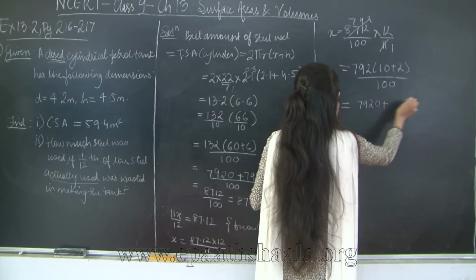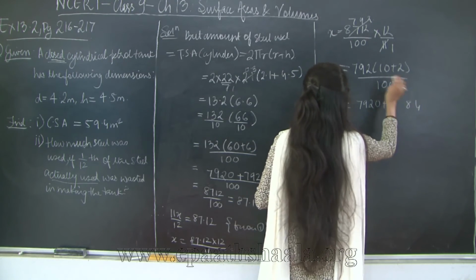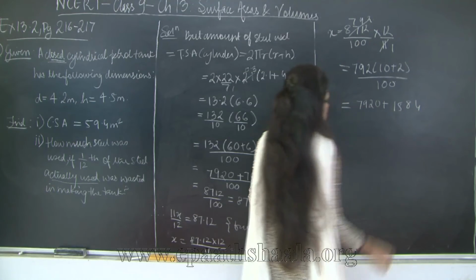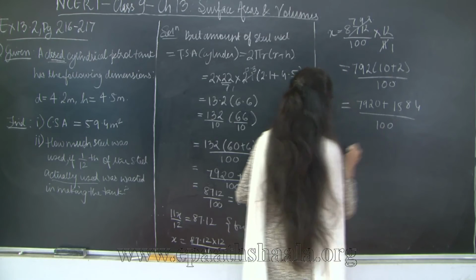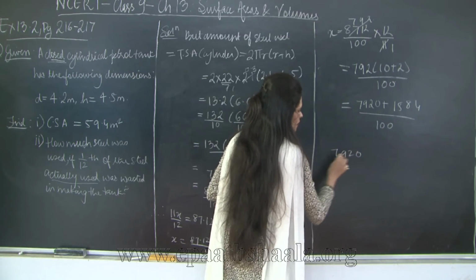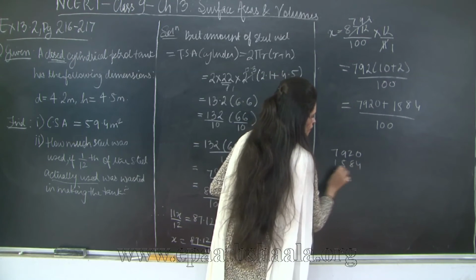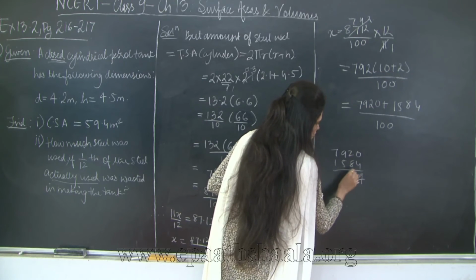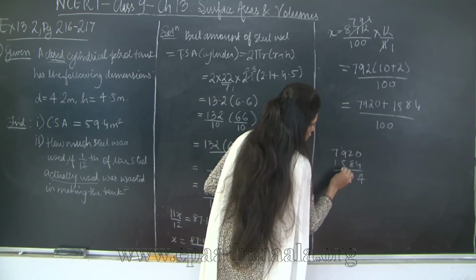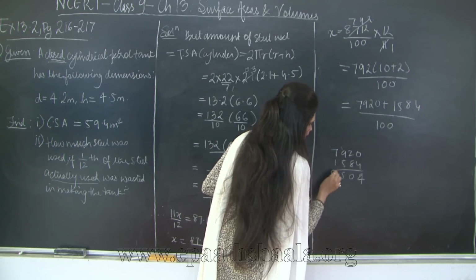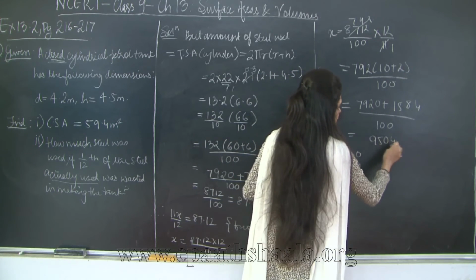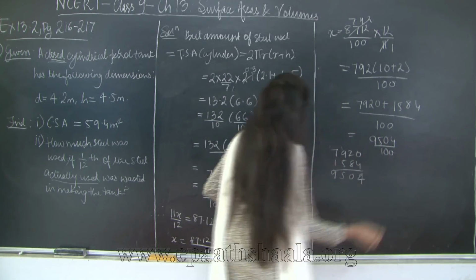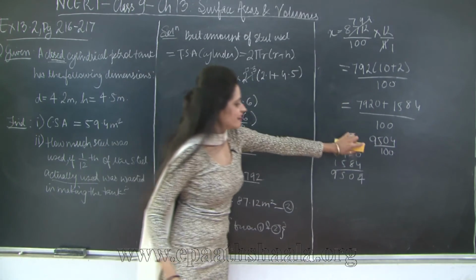7920 plus 2 twos are 4, 2 nines are 18, 2 sevens are 14, 15. So 7920 plus 1584 upon 100. 7920 plus 1584: 4, 0, carry over 1, then 5, 9504. So 9504 upon 100, which is going to be equal to 95.04.